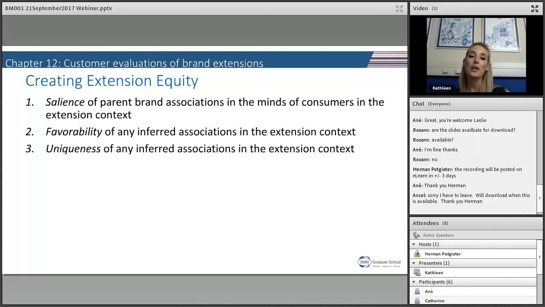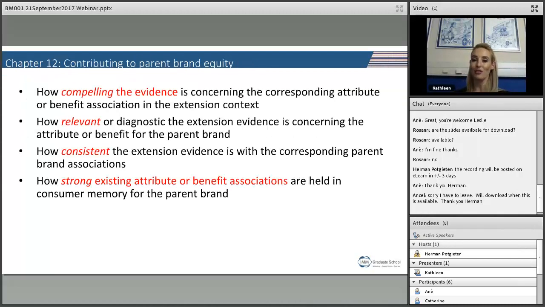Now, when we are creating an extension, we would like that extension to develop its own equity. We don't want it to rely purely on the equity of the parent brand. And how is it going to do this? We need to look at salience. Hopefully the parent brand has some awareness. Very similar to a celebrity endorser, there's no point in me using a brand if my target market or the new target market for the extension is not aware of it.